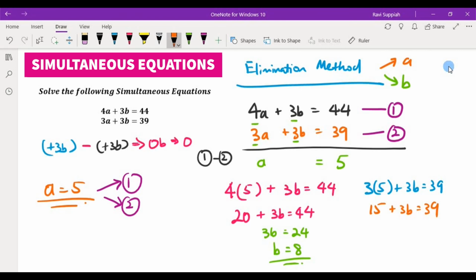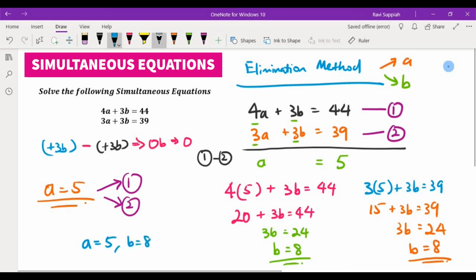So 3b equals 39 minus 15, which is 24, and b will be equal to 8. As you can see, substituting the first solution into either equation gives you the same answer. So the final solution is a equals 5 and b equals 8. That's the final answer for this simultaneous equations question.